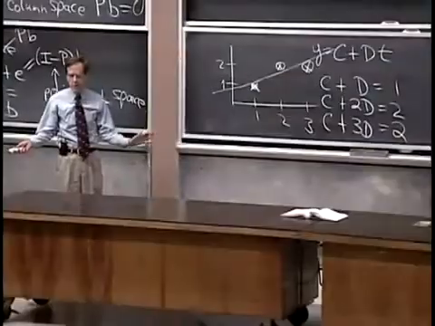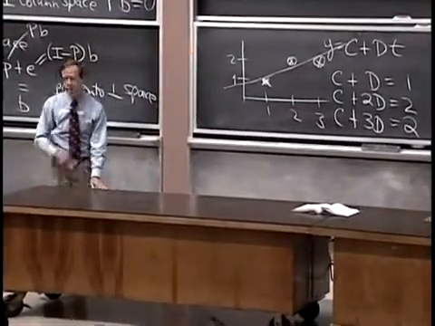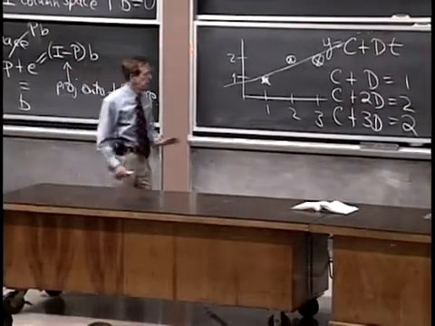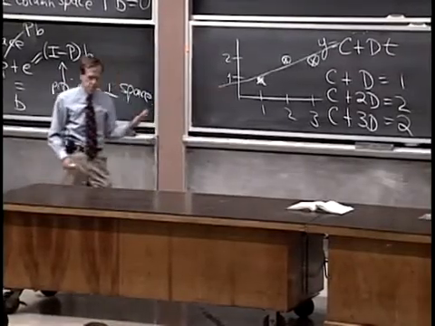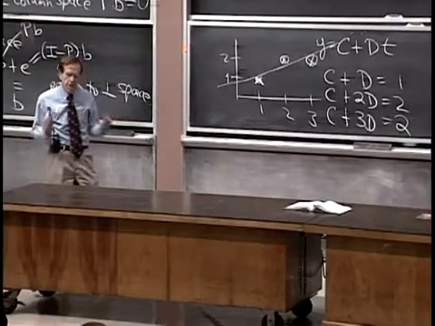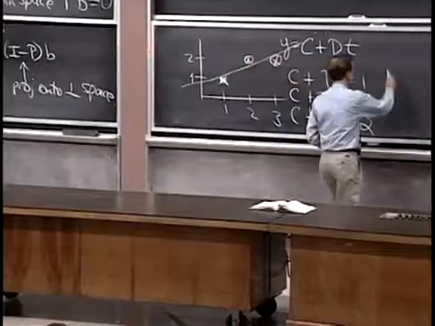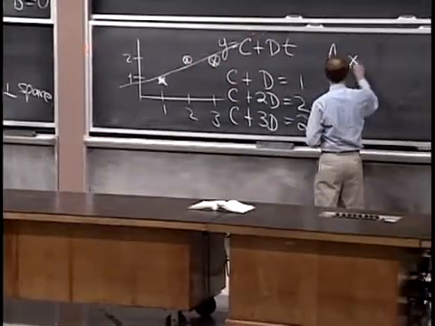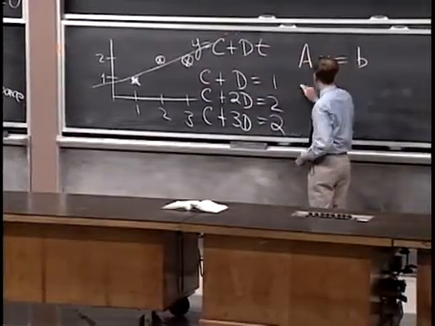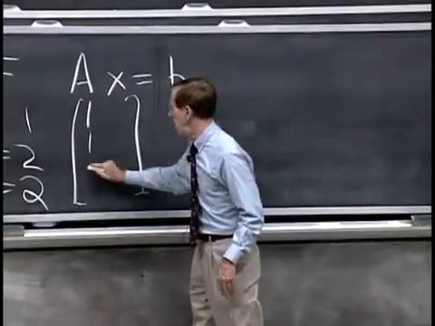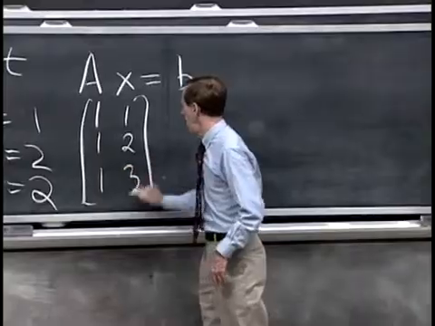And they don't have a solution. But they've got a best solution. And what do I mean by best solution? So let me take time out to remember what I'm talking about for best solution. So this is my equation AX equals B. A is this matrix 1, 1, 1, 1, 2, 3.